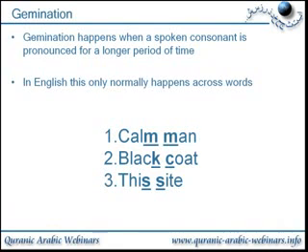If you say this site, effectively you're holding the S at the end of the word this, and you're finishing off the sound of the S in the next word, which is site. So this is called gemination. It's effectively the merging of two sounds into one sound, and you hold it for a little bit longer.